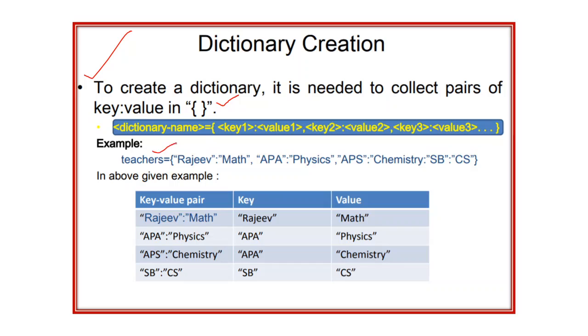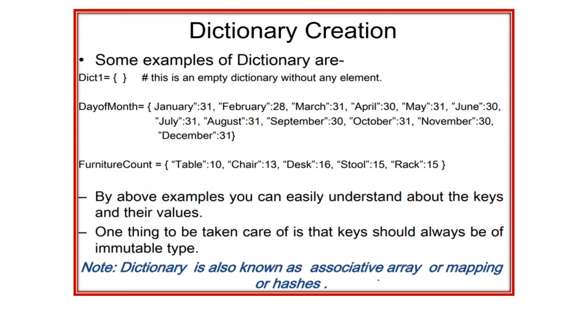Teachers is equal to, now students see here, Rajiv, APA and APS are keys, and math, physics, chemistry and CS are values of the keys. Now here in this table you can see the key value pairs. Here these are keys and these are values. So you can easily create this dictionary.